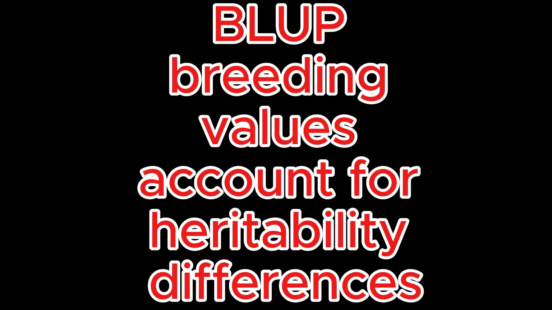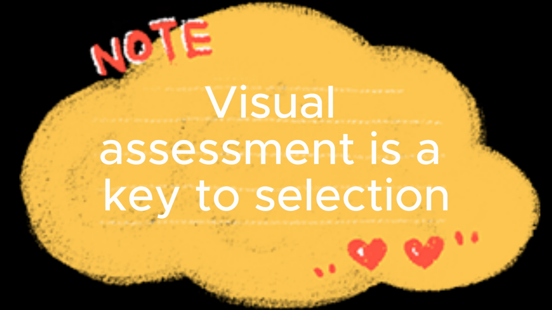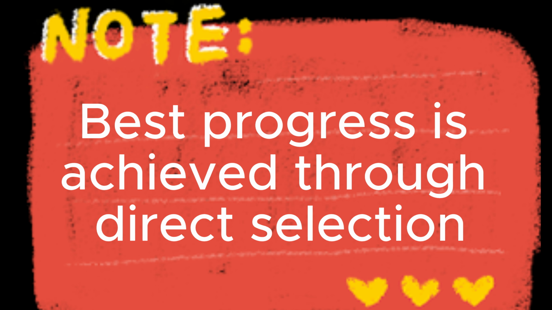Thirdly, breeding values account for heritability estimate differences amongst traits. The next one, visual assessment is a key to selection if used correctly. And lastly, faster selection progress is achieved through direct selection rather than using a correlated trait and relying on the correlated response.